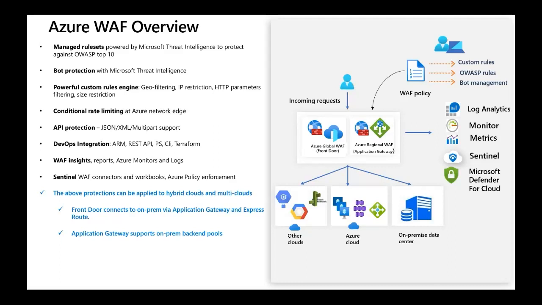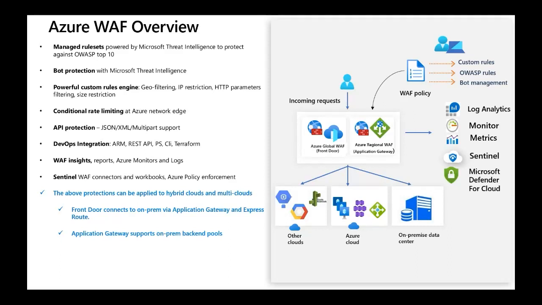And then to finish it off, something to mention is that the above protections can be applied to hybrid clouds and multi-clouds. And this is part of what we are going to explore. You can have Front Door connecting to an on-premises environment through the Application Gateway and also ExpressRoute. And also you can have Application Gateway support for on-premises backend pools.